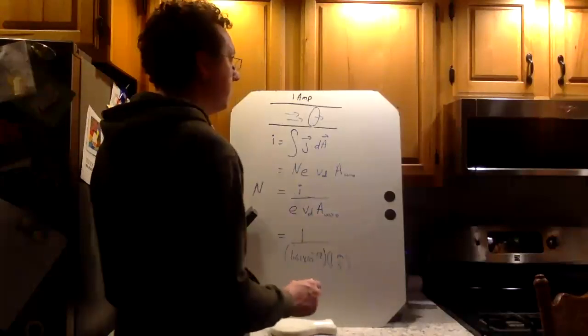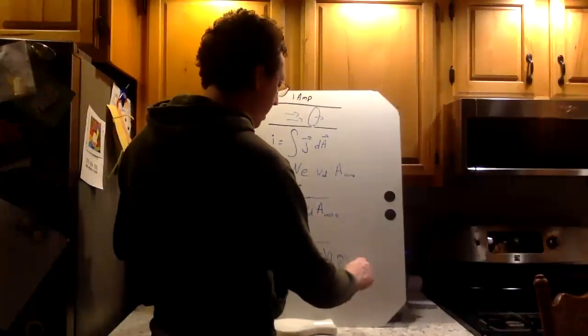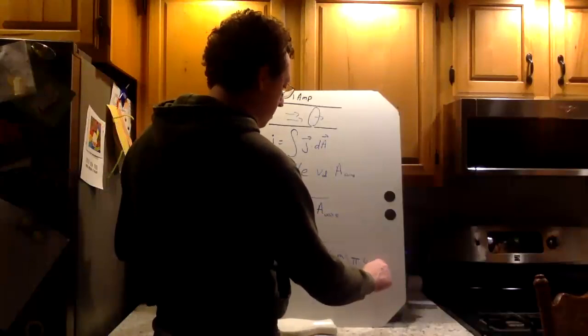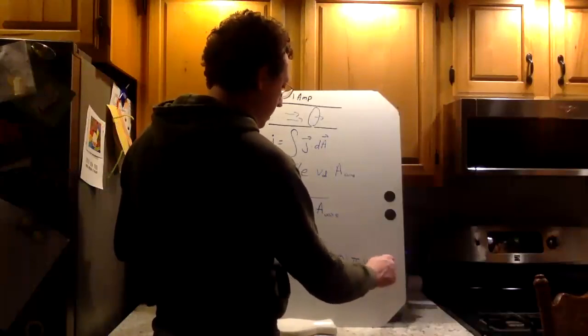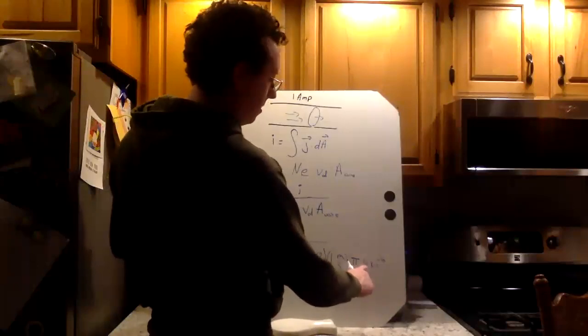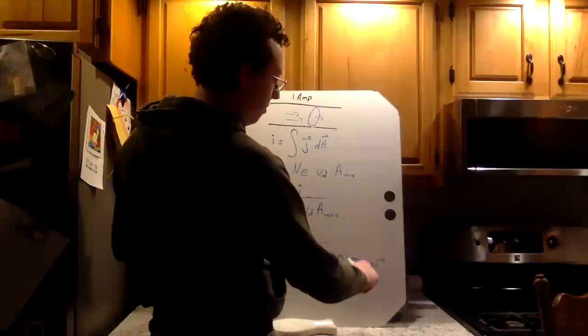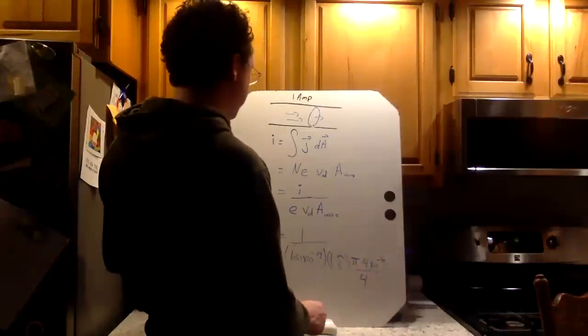I said the diameter was 2 millimeters, so that's pi times diameter squared, 2 times 10 to the negative 3 squared becomes 4 times 10 to the negative 6, and I have to divide by 4 because I use the diameter.